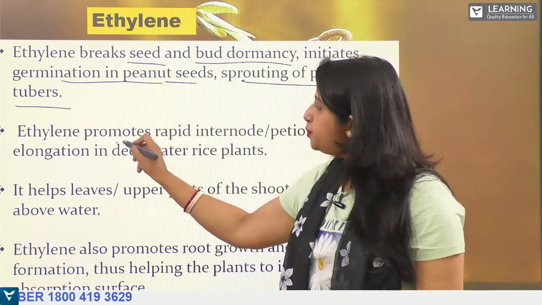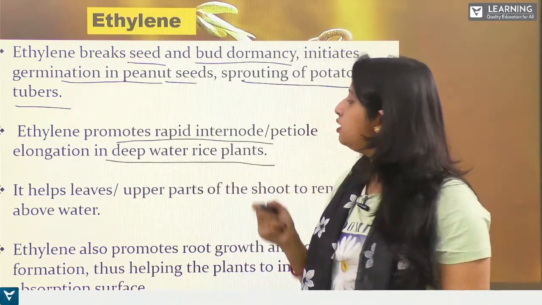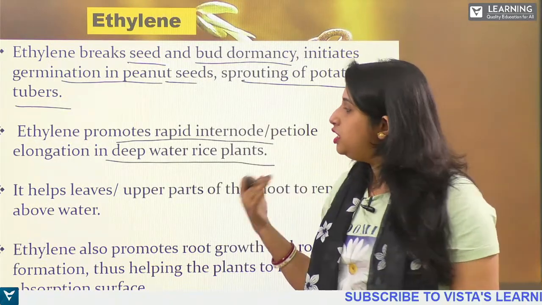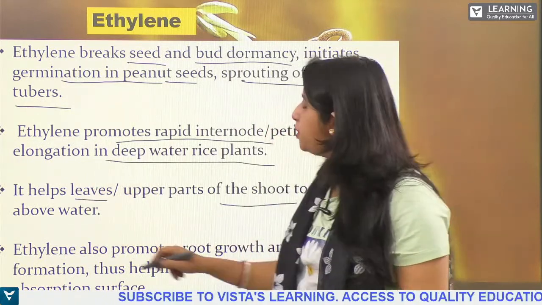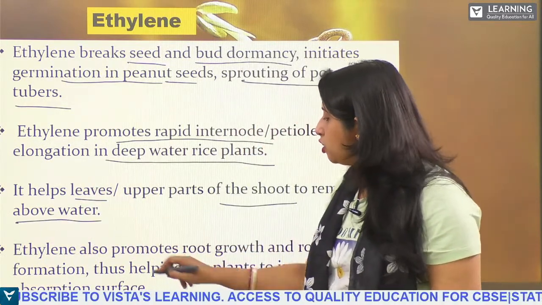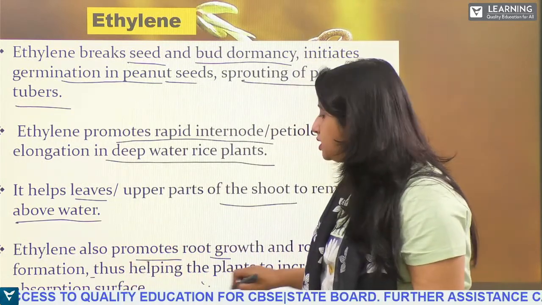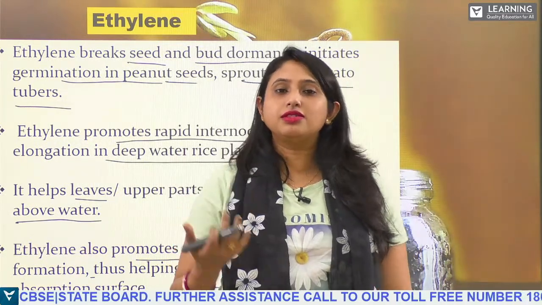And it also promotes rapid internode elongation in deep water rice plants. It helps the leaves of the shoot remain above water, and it also promotes root growth and root hair formation, thus helping the plants absorb water properly. It increases the surface area.